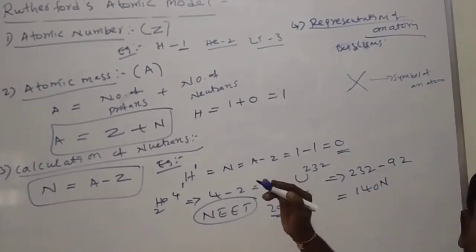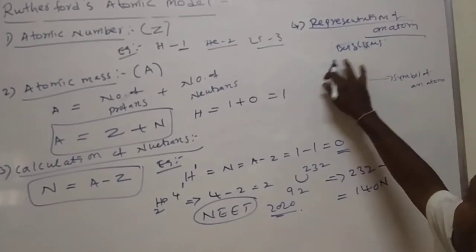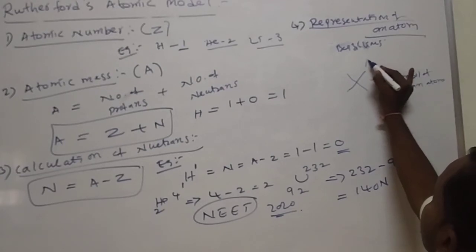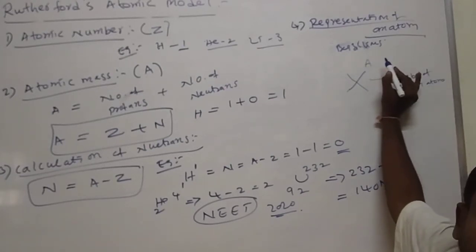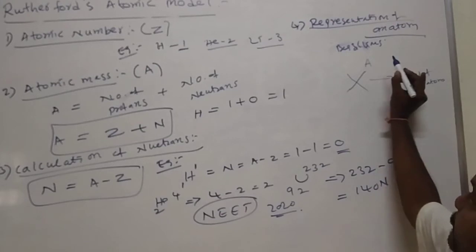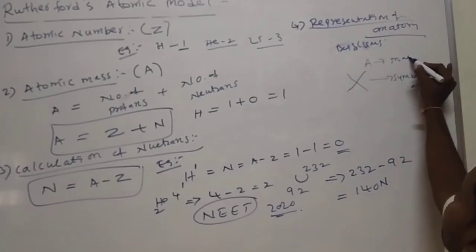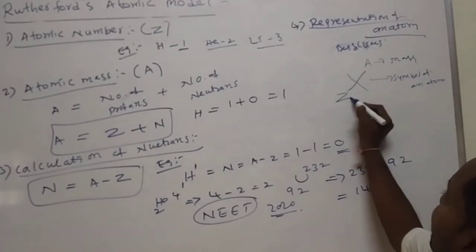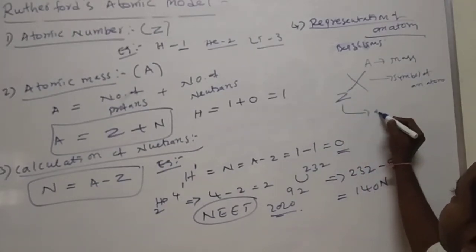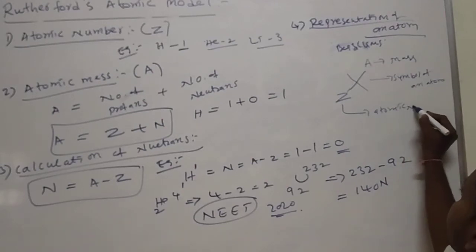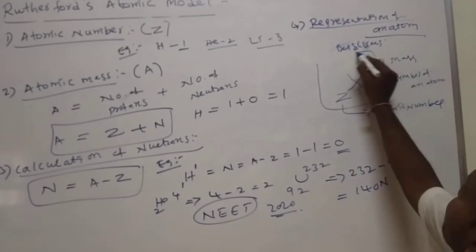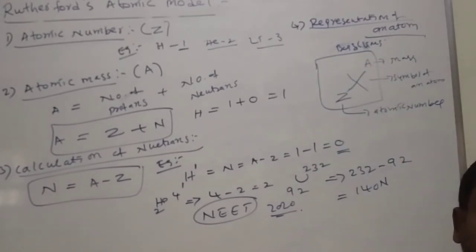According to some books, on the right side superscript we write the mass, and on the left side subscript we write the atomic number. This we call the Berzelius representation.